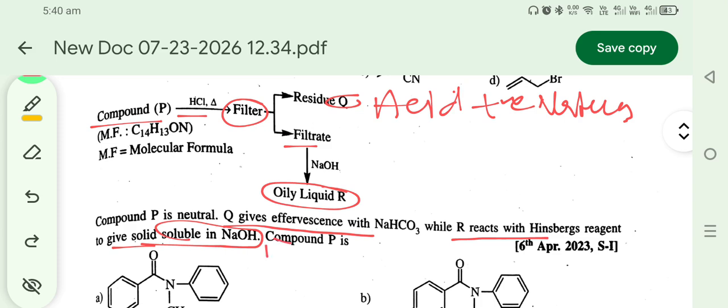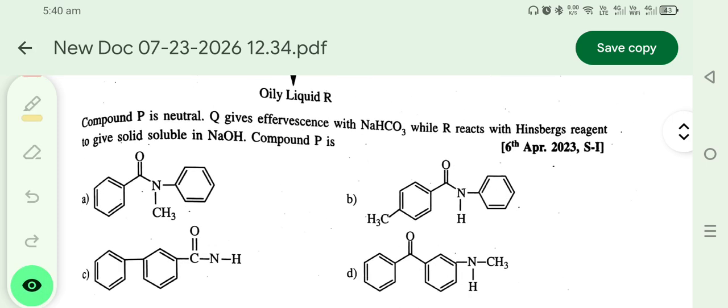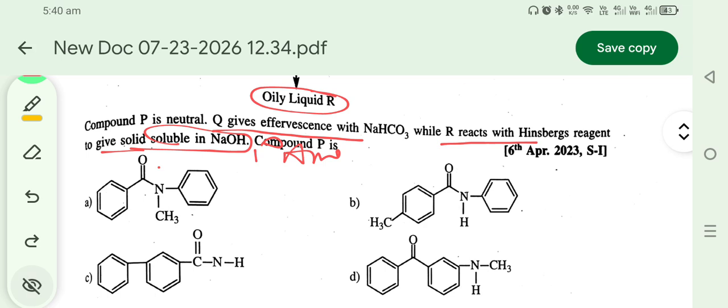Soluble in NaOH indicates that it is a primary amine. Hence, after reacting with HCl, it gives an acid and a primary amine. Check the options. On hydrolysis, this part gives acid and it is a secondary amine, but we need the primary amine, hence it is not correct. For this compound, after hydrolysis, this part is converted to acid and this part is converted to primary amine, hence your option is B.